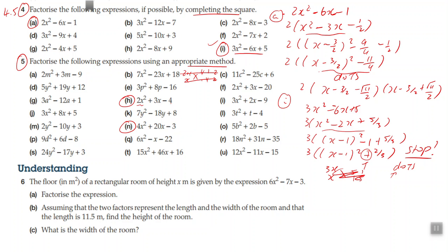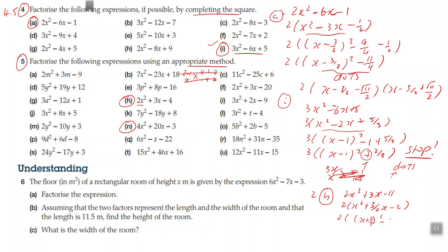So I'm going to complete the square for H: 2x squared plus 3x minus 4. I take a factor of 2 out, so x squared plus 3 over 2 x minus 2. I do the scaffold. Half of 3 halves is 3 over 4.